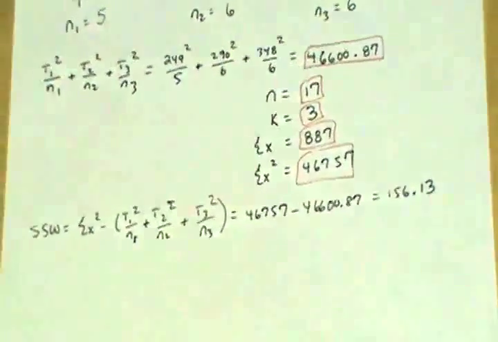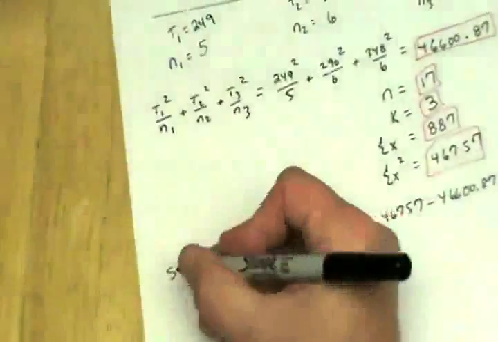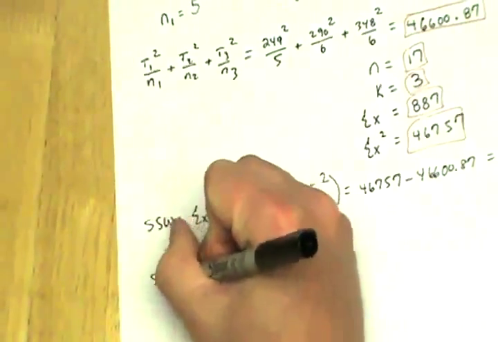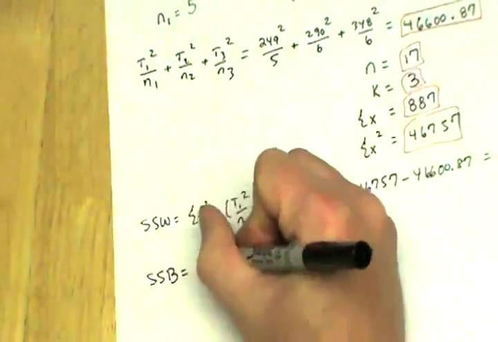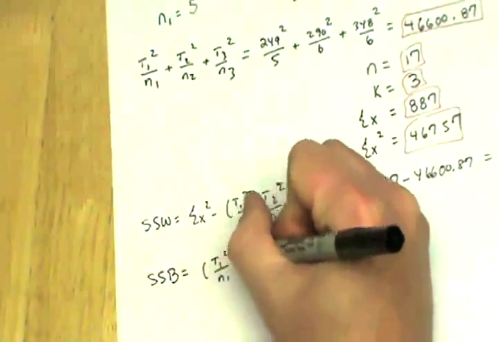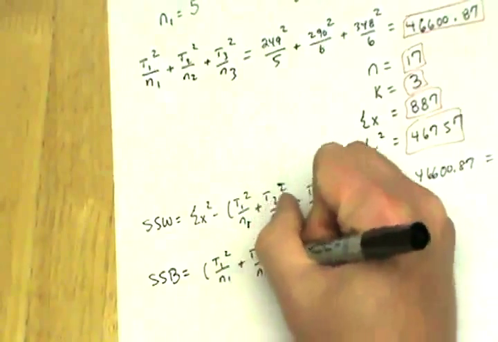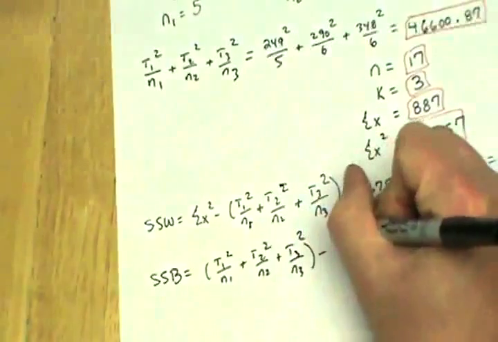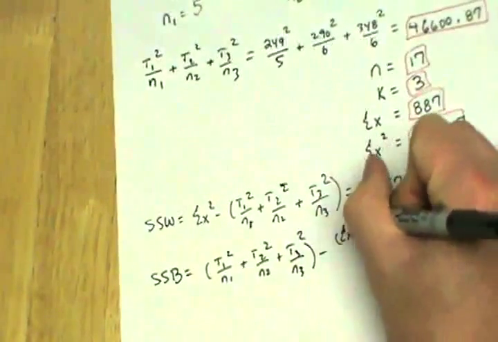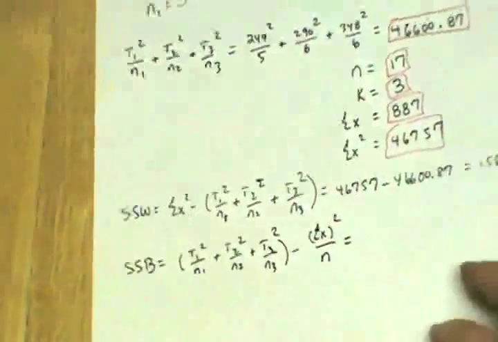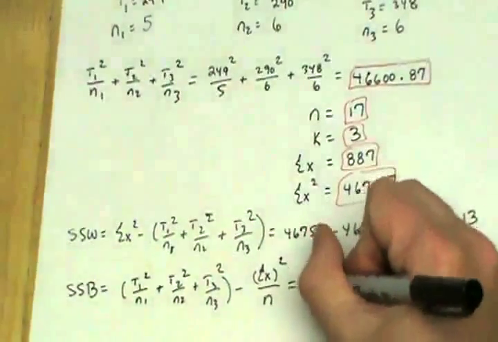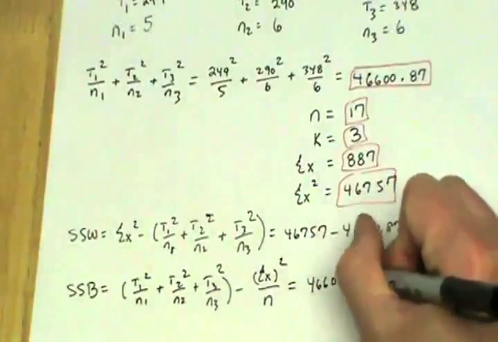Okay, that's SSW. We're going to need now SSB, the sum of the squares between samples. That's t1 squared over n1 plus t2 squared over n2 plus t3 squared over n3 minus the summation of x, the quantity squared over n. So the t's is 46600.87.